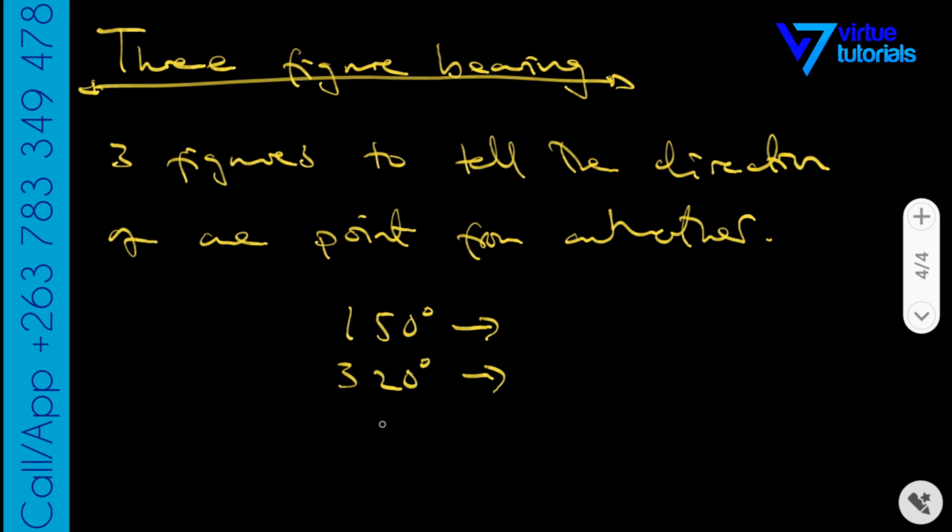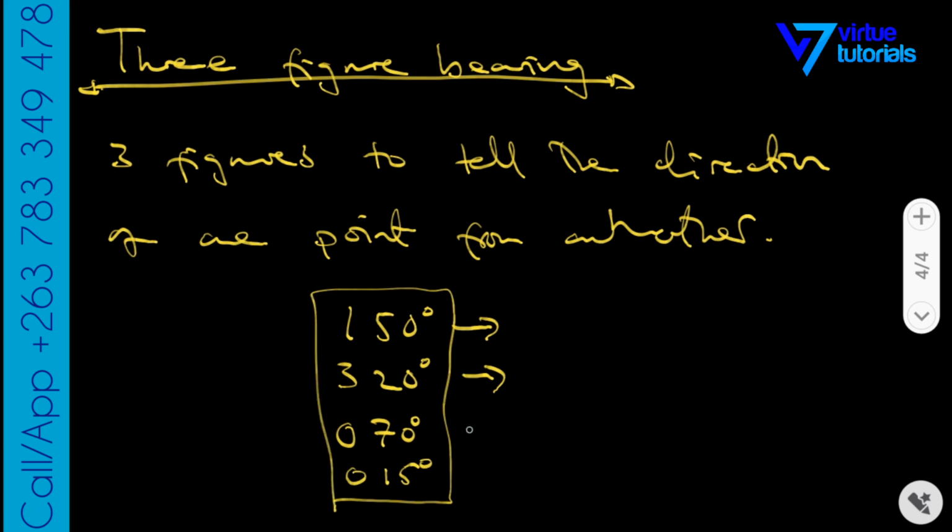If I have something less than 100, maybe 70 degrees, I have to put a 0 so that I always have 3 figures. Maybe if I have 15 degrees, I have to put a 0. So it should always be 3 figures, even if the angle is less than 100.